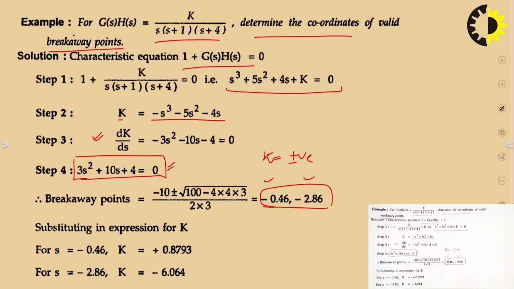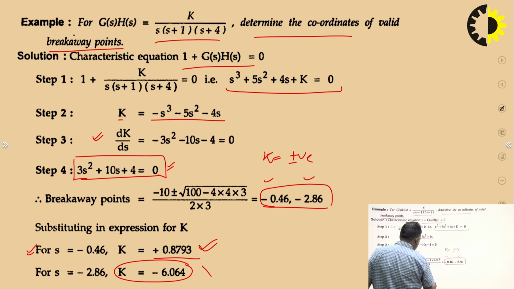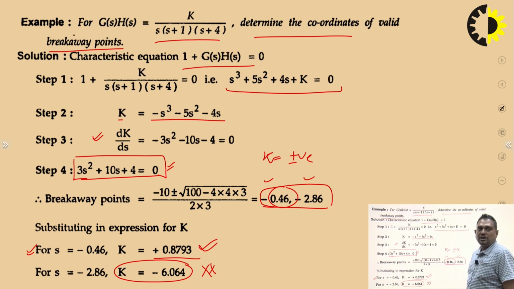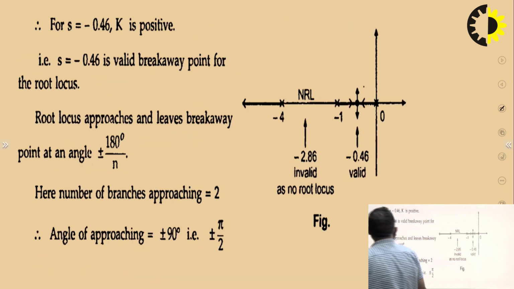Putting s equals minus 0.46, we get k equals 0.8793, which is positive, and for s equals minus 2.86, we get k negative. So this is the valid breakaway point and this is not the valid breakaway point. For a valid breakaway point, the gain k should be positive. So s equals minus 0.46 is a valid breakaway point.